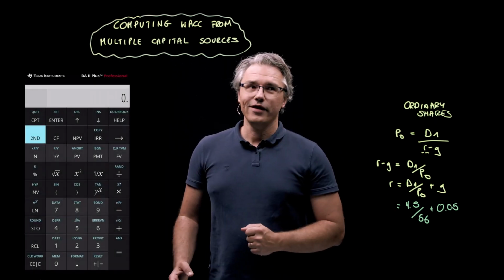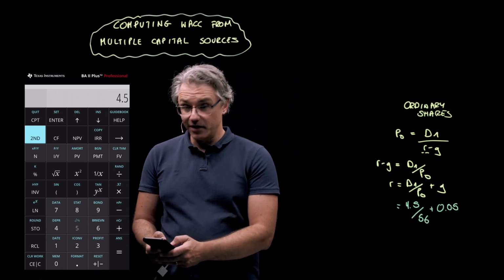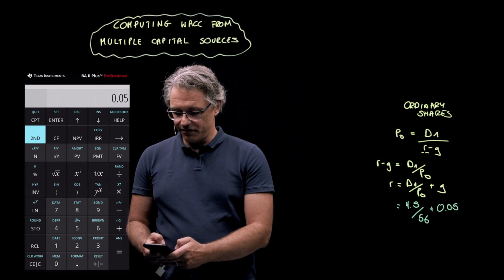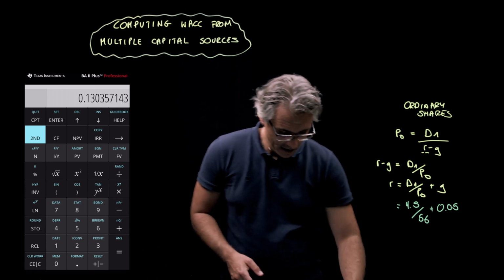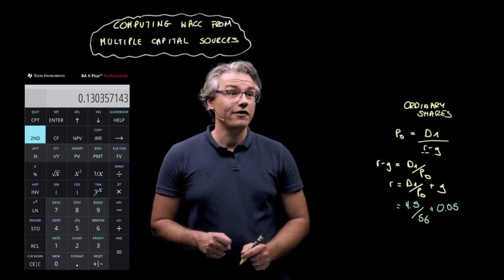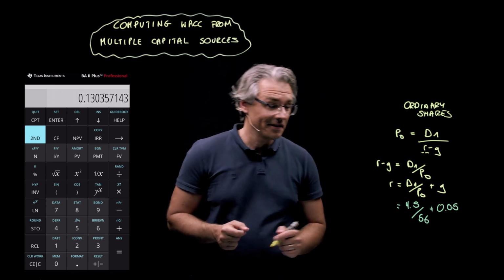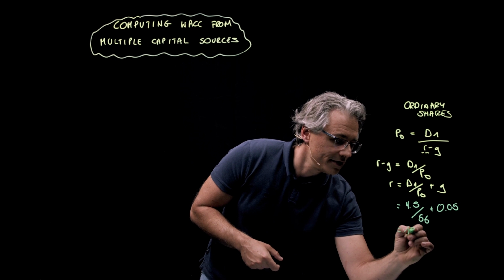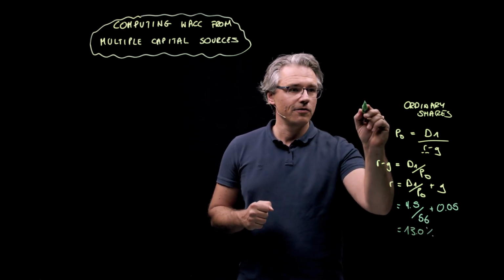Let's do this on the calculator. So we've got 4.5 divided by 56 plus 0.05, and that gives me a result of roughly 13% if we round it to 1 decimal place. 13.0%. And that's the cost of ordinary shares.